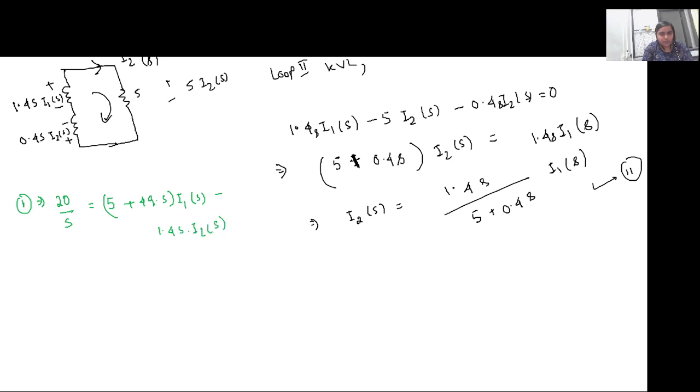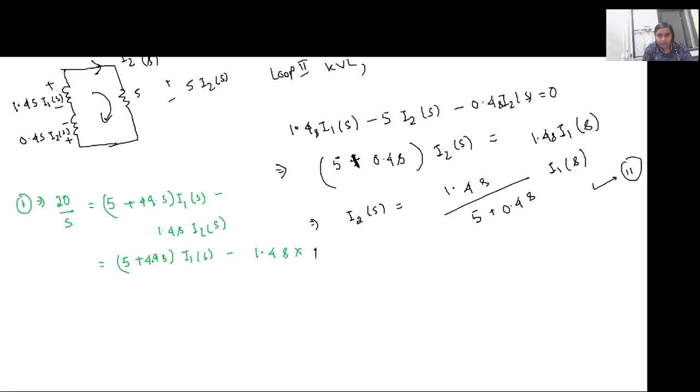So now we are substituting the value of I2 from expression 2. So it is (5 plus 4.9 s) I1 of s minus 1.4 s into the expression we had from 2, right?